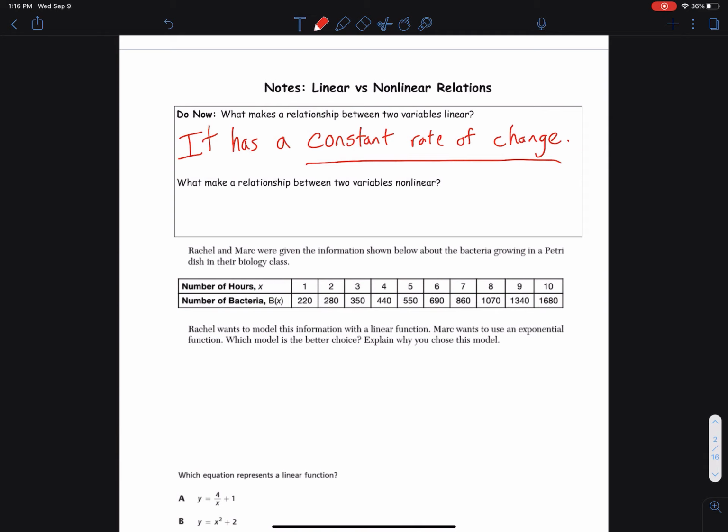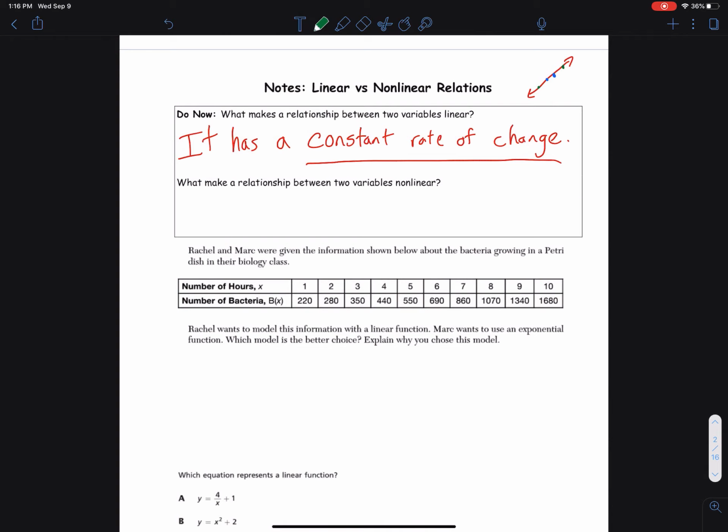Between any two points you pick, it doesn't matter if you choose these two points or these two points. Between any two points on the line, it will have a constant rate of change. So the slope or rate of change is always going to be the same.